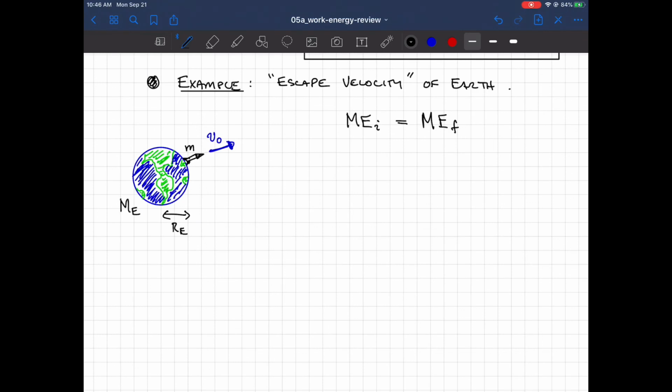And what are the energies that I have? Well, I have kinetic energy initial, and I have potential energy due to gravity initial. And then in the final case, I have some kinetic energy final and some potential energy due to gravity final.